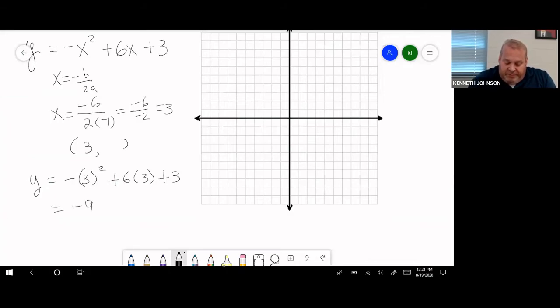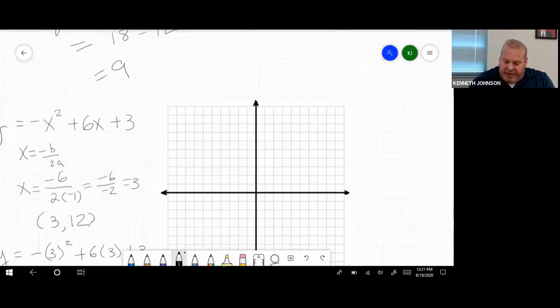3 squared is 9. 6 times 3. And negative 9 and 18 is 9, plus 3 is 12. So my vertex is at 3, 12.